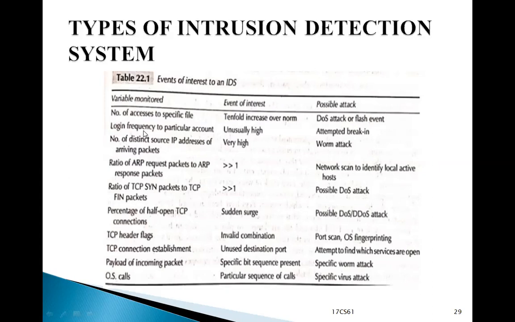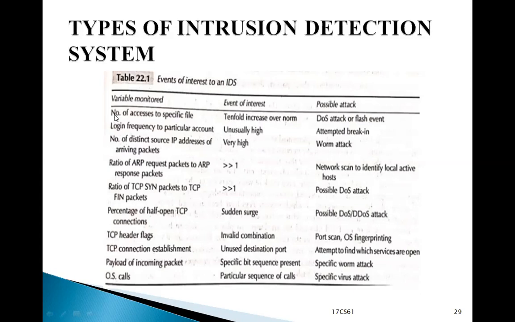The first one is the number of accesses to a specific file. Suppose over the network the number of accesses to a specific file has a tenfold increase over the usual. Tenfold means a 10 times increase over the normal or usual activities.